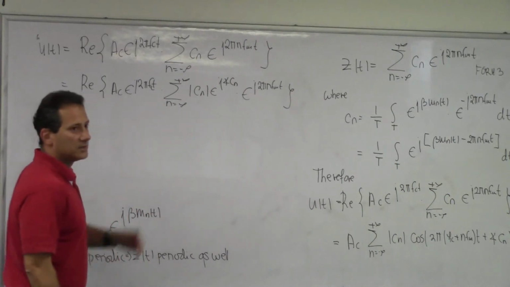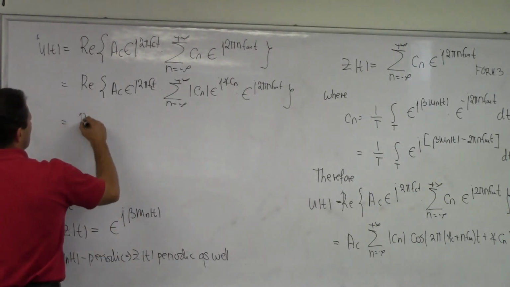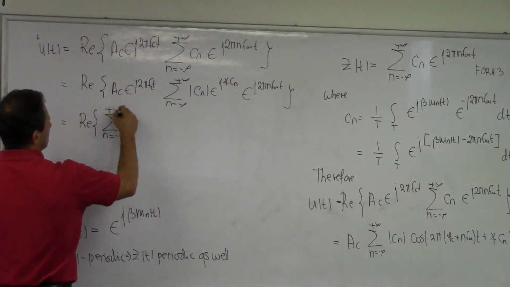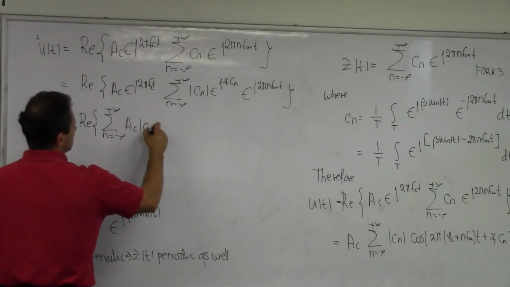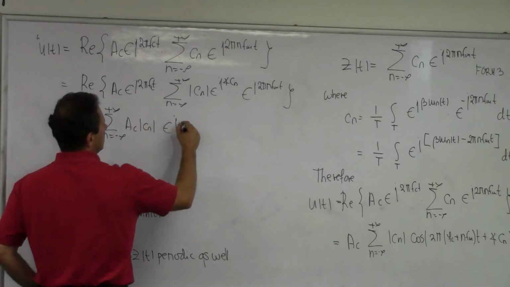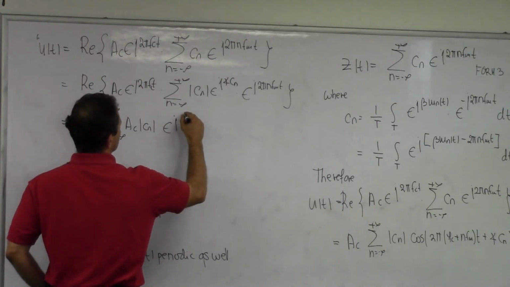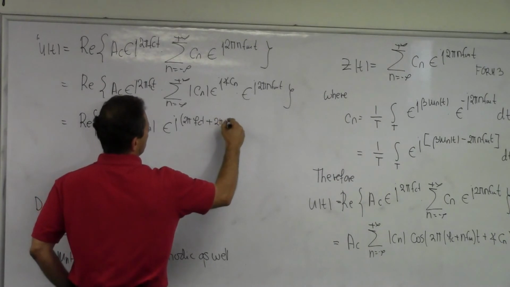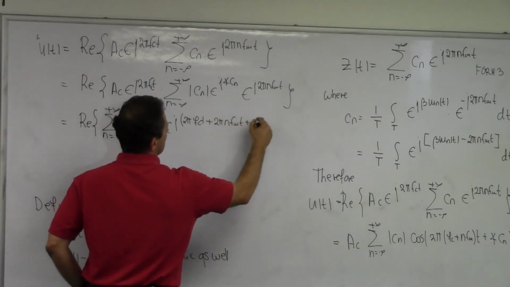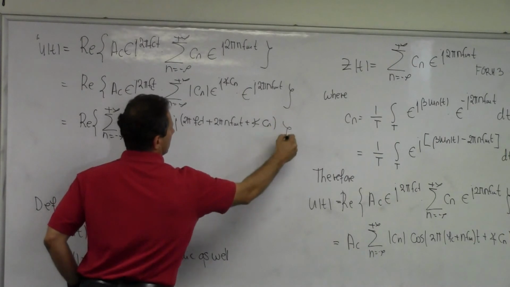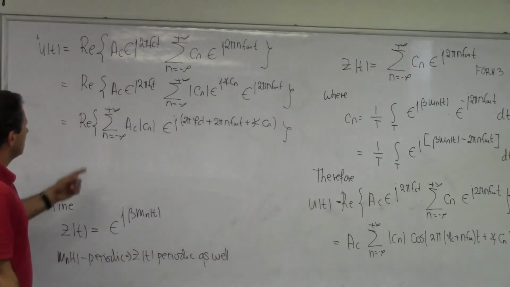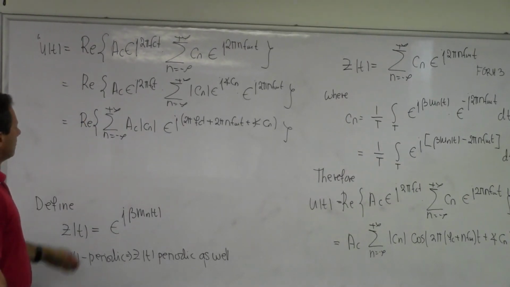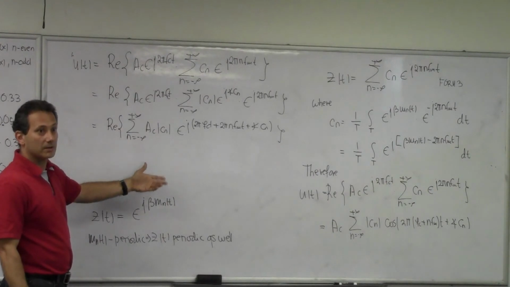Now let's bring everything under the same summation. So this becomes the real part of the summation when n goes from minus infinity to plus infinity, A_C magnitude of C_n e to the j. Now let's see what's upstairs. It's going to be 2 pi F_c t plus 2 pi n F_m t plus the angle of C_n. And then both of these are linear operators, so I can swap them. The real part of the sum is the sum of the real parts, right?